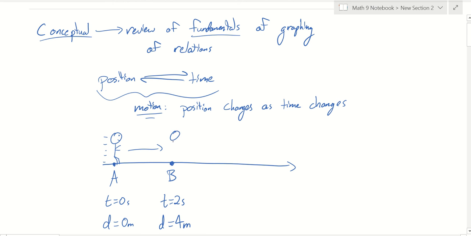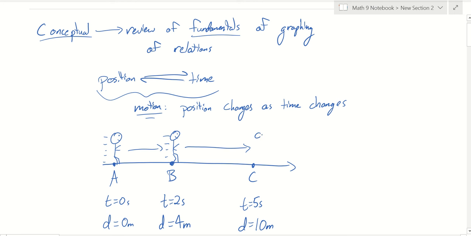So here you are, still happy to be running. It took you 2 seconds, but your position changed by 4 meters. Then you could continue running, and maybe at this point you're at what we could call position C. Maybe a total of 5 seconds has elapsed, and after these 5 seconds you are now at a position 10 meters away from your original position.